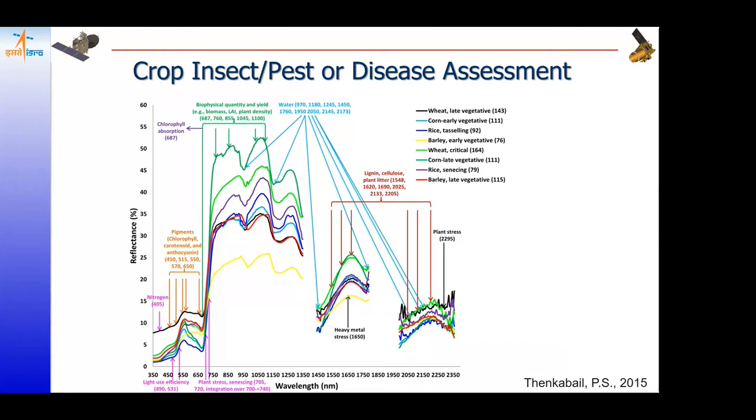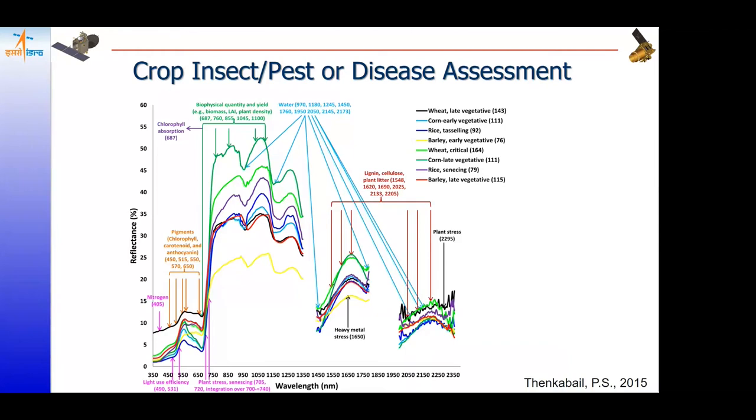So ultimately, biomass, yield, or plant density can be defined using the reflectance values in the same data sets.